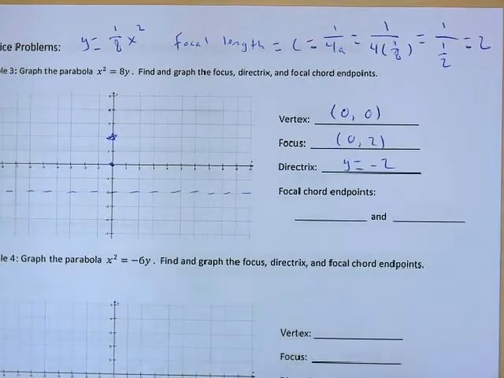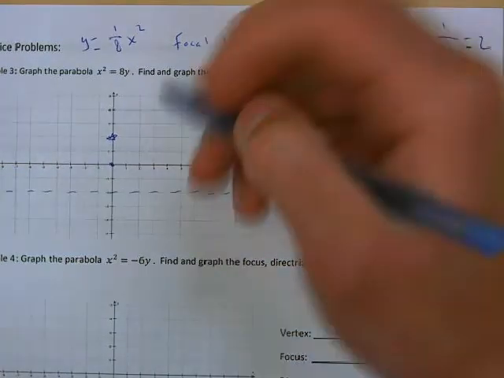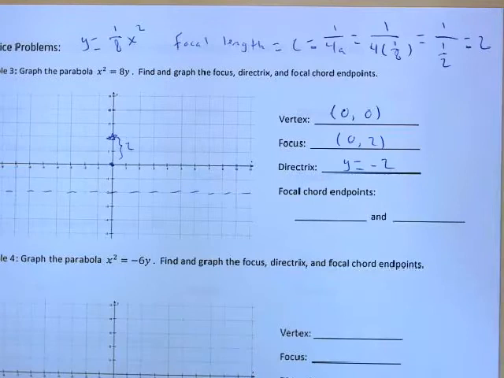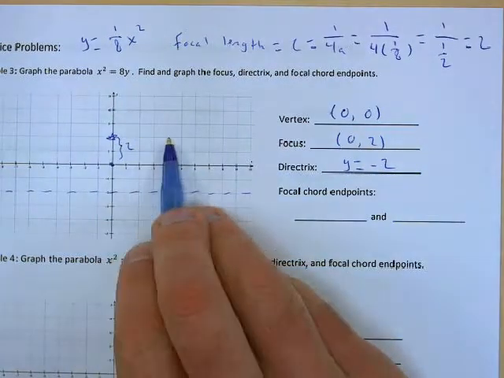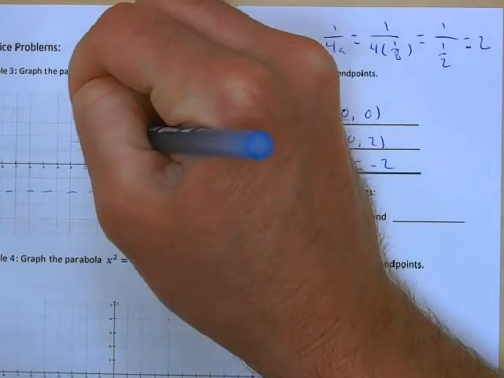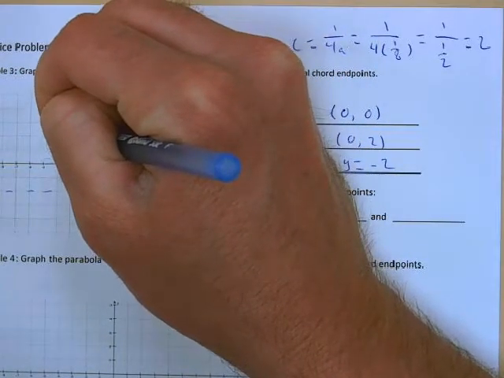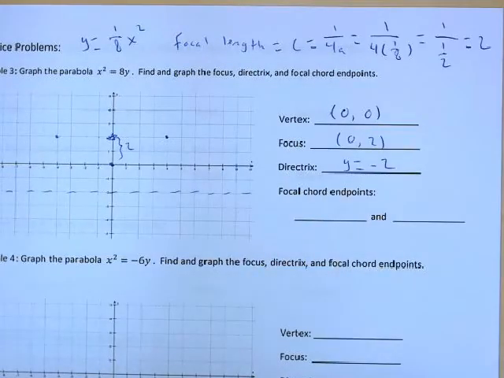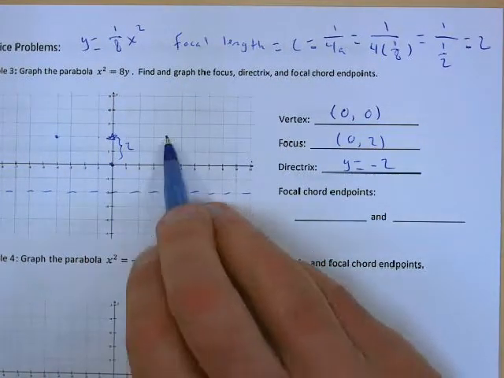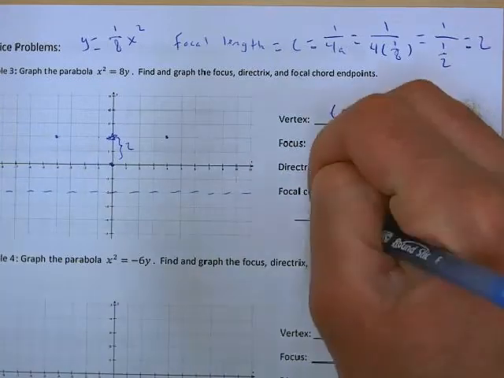Okay, next, where are my focal chord endpoints? Well, since my focal length is 2, that means I have to go out double that to get to my focal chord endpoints. So I got to go out 4 in each direction. And then once I have my focal chord endpoints, well, first of all, where are those? 4, 2, and -4, 2.